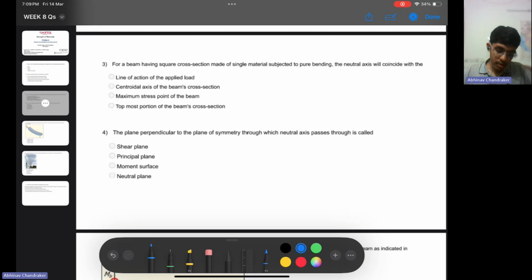So the neutral axis is the one which passes through the beam, and it is the centroidal axis of the beam's cross section.